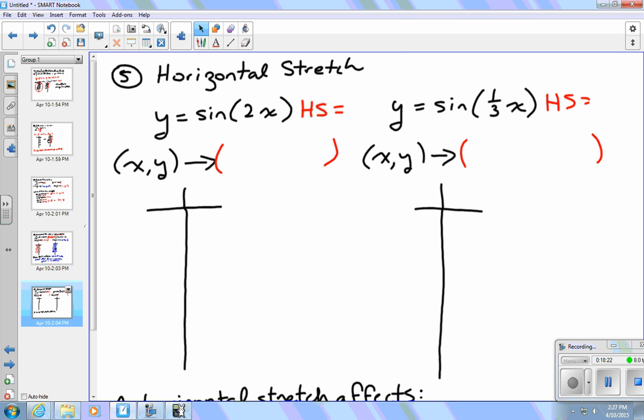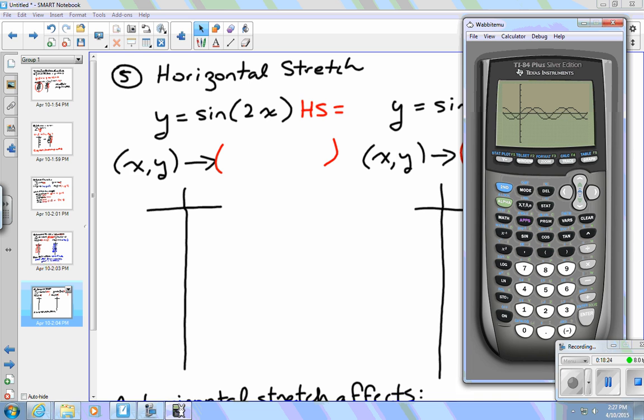Excuse me. So let's go to our graph and enter in that new function for our second function. So sine of 2x. And let's hit graph.